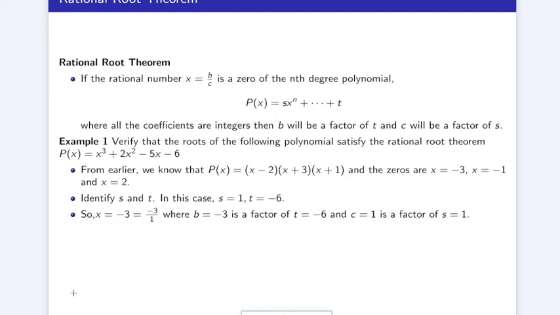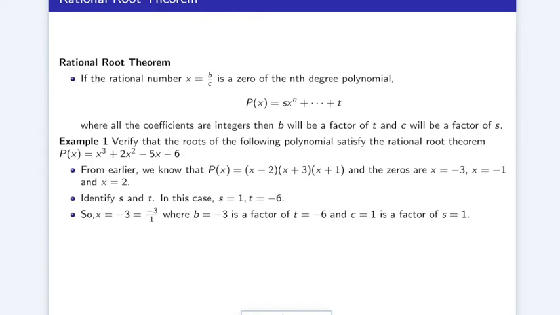If we look at the first root, -3, we can write it as -3 divided by 1. On the top, b is -3, and at the bottom c equals 1. So we can see that b, -3, is a factor of t, the constant term, and c equals 1 is a factor of s, which is 1.